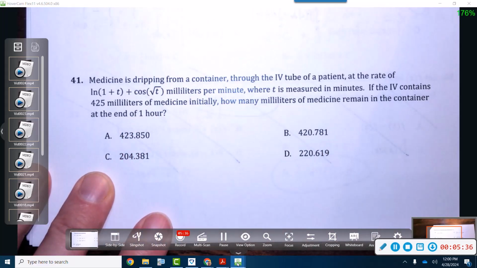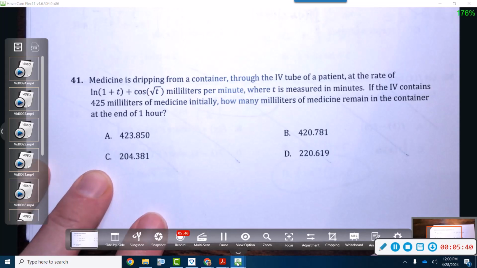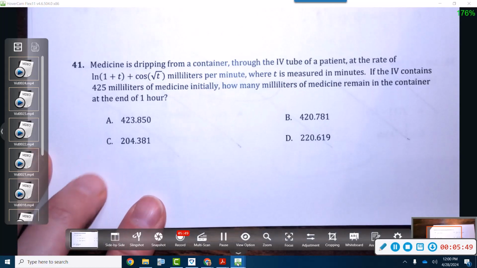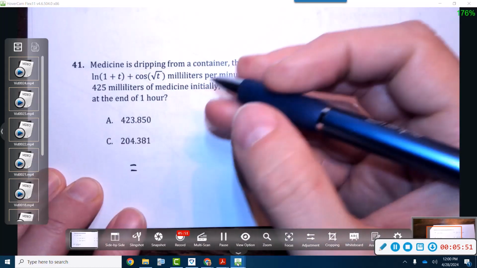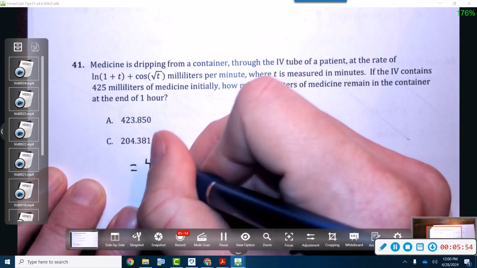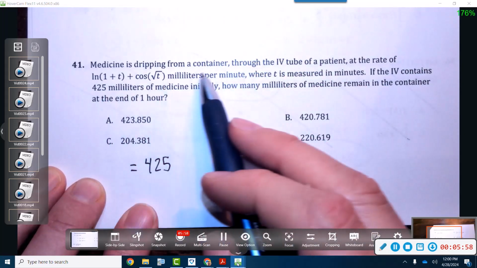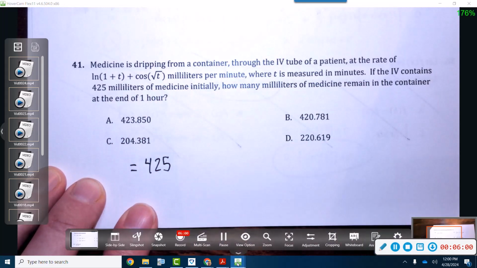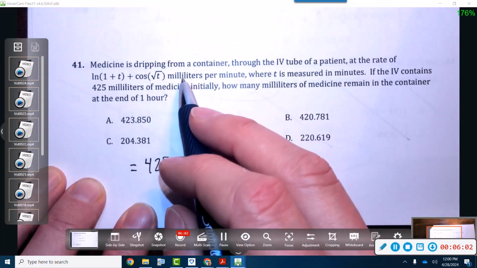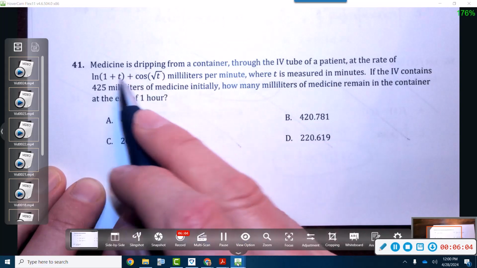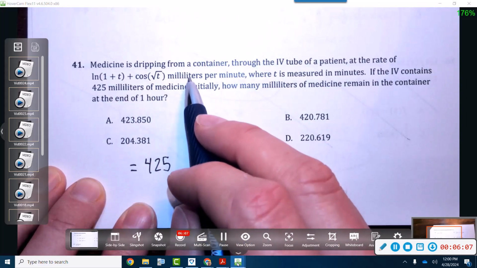Okay, so we have the rate, and if we take the integral of the rate, we can find out how much has been lost. So you start off with 425, but if you take the integral of the rate, which is in milliliters per minute, you will end up with milliliters.